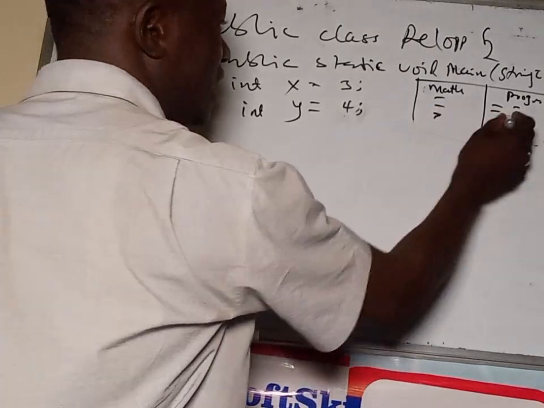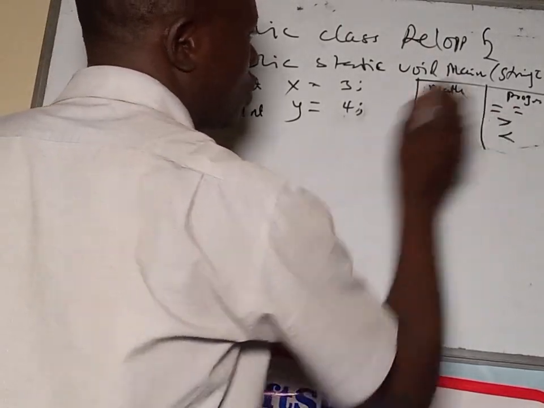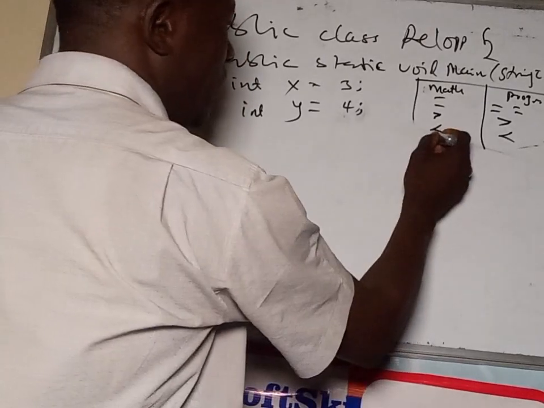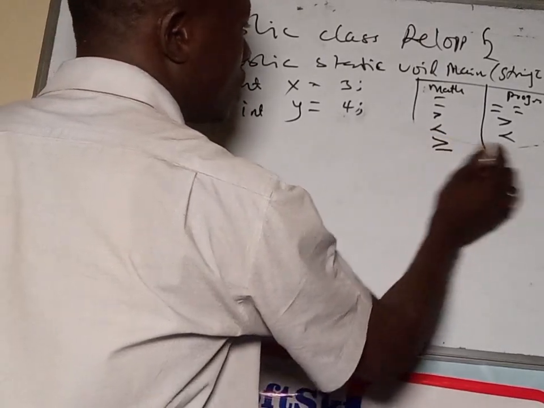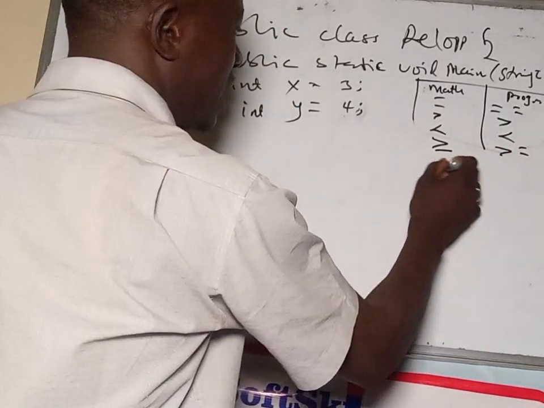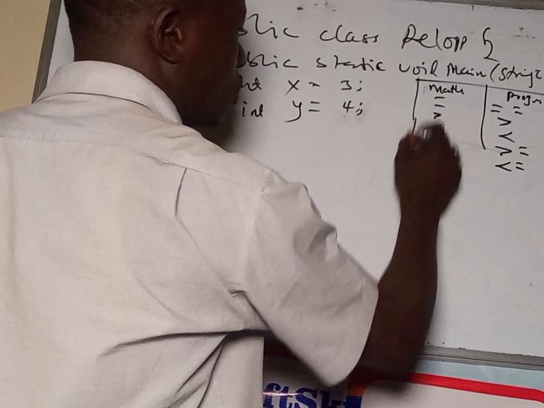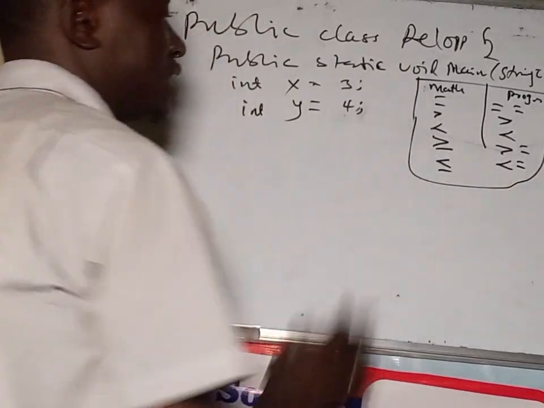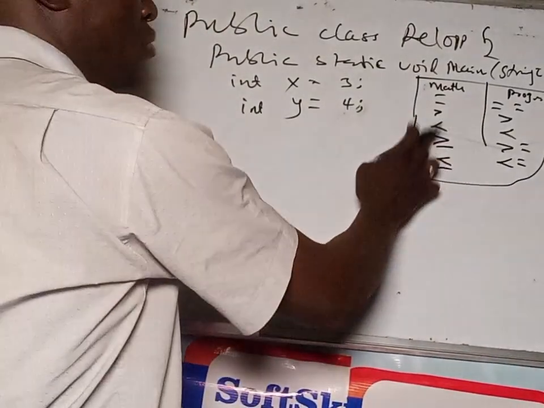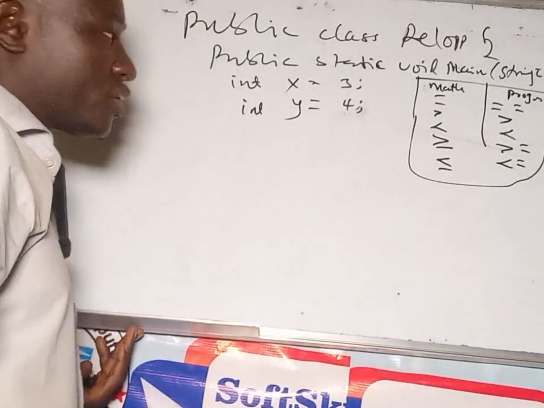We have greater than, which is the normal greater than, and less than, which is also the same. Then we have greater than or equals to, and less than or equals to. So this is how we do it in mathematical operations versus programming operations, right?